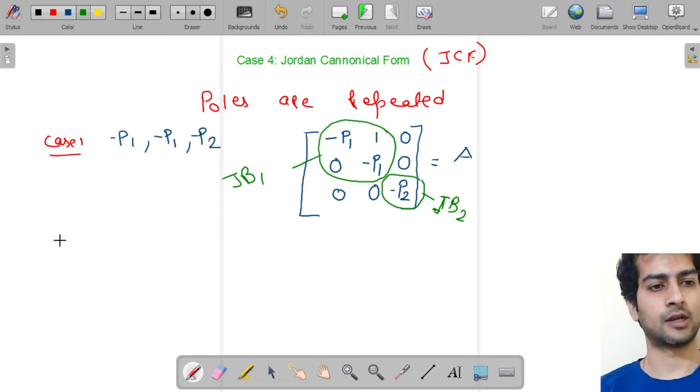Now coming to case 2. Suppose we have poles like this. P2 is repeated now.